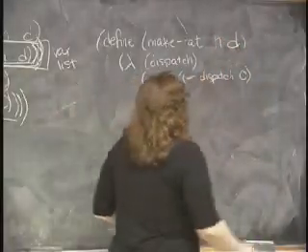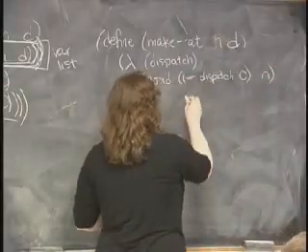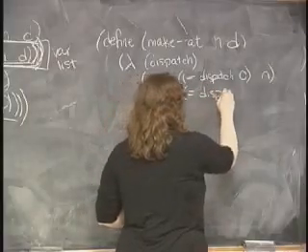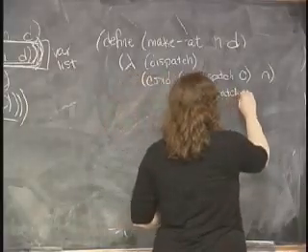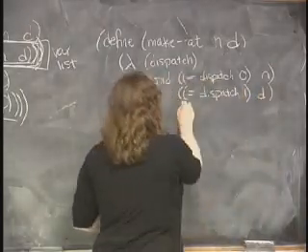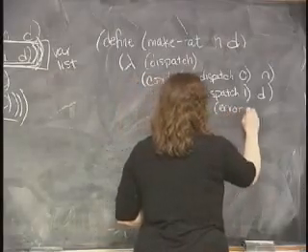So if we have dispatch 0, I want to return the numerator. If it's 1, I'll return the denominator. And otherwise, I'm going to print an error.